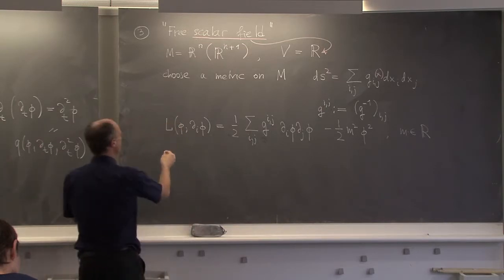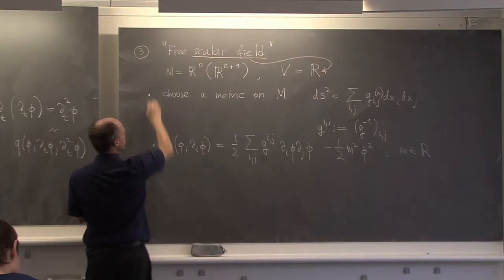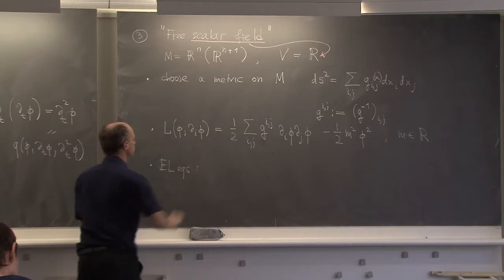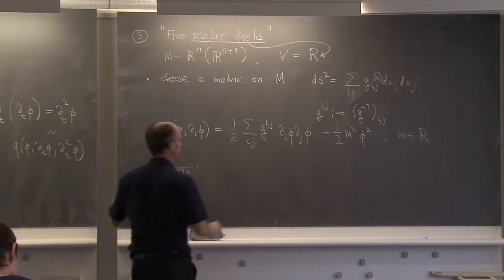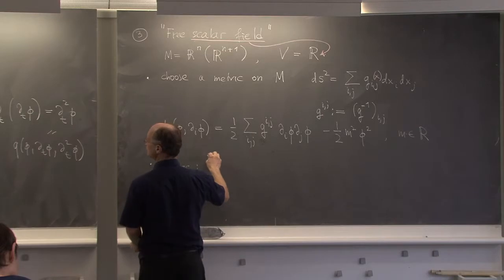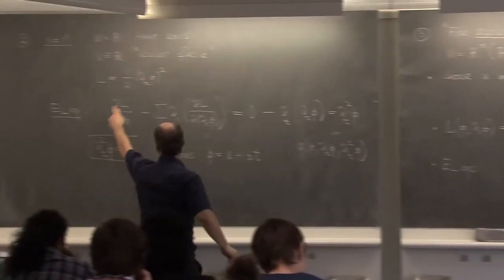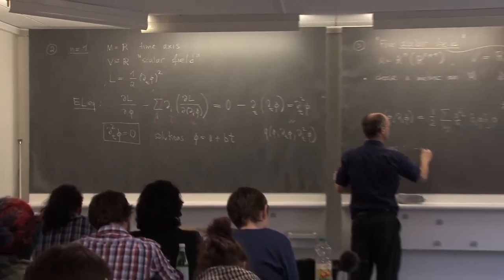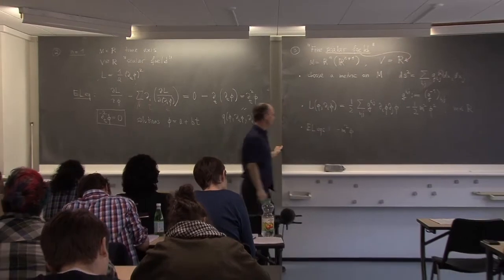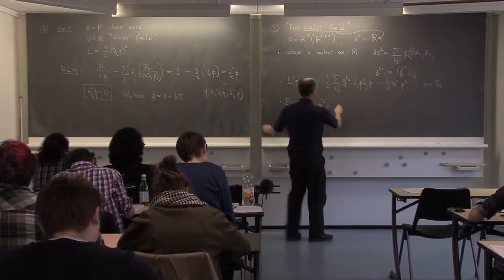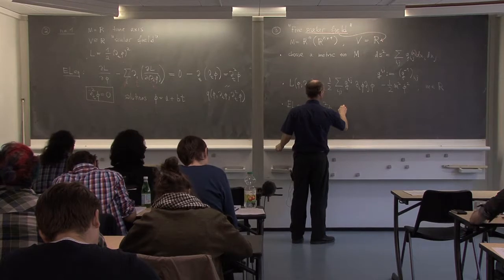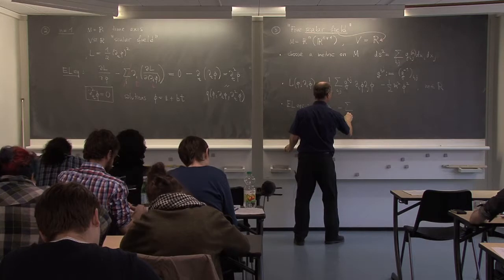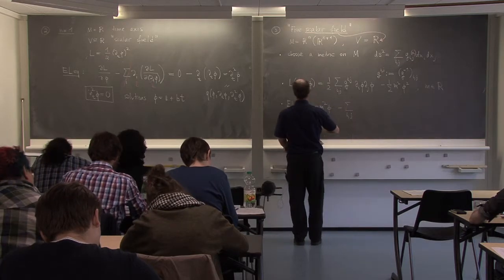So let's see what happens with the Lagrange equations. Right. So let me recall again. So what I should do, I should take dL over d phi, which will be now minus m square phi, so minus sum over i and j, I assume, right?